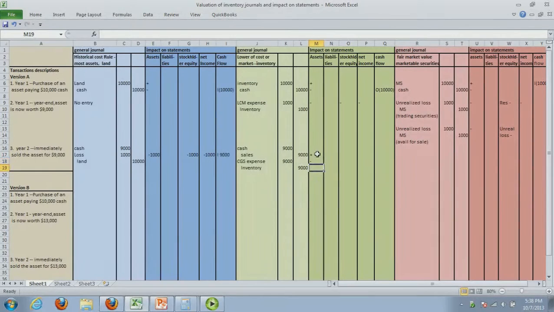Normally you'd have your gross profit increasing assets, and then your stockholders' equity is not impacted because you've got an expense and a revenue. So here's the revenue for $9,000, expense for $9,000. So it's, I guess, a stockholders' equity exchange, but we won't have to put that. We don't usually show that.